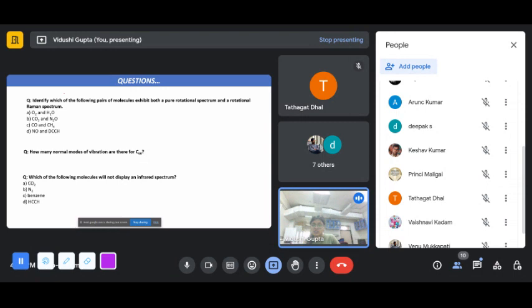Now the next question. Identify which of the following pairs of molecules exhibit both a pure rotational spectrum and a rotational Raman spectrum. Oxygen and water, CO2 and N2O, CO and methane, NO and DCCH. So what will be the answer?